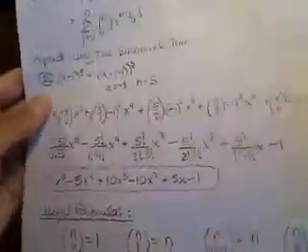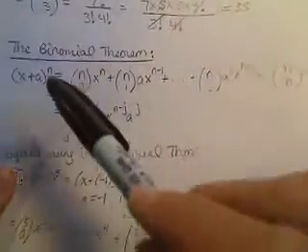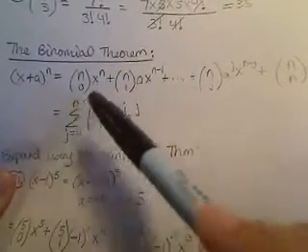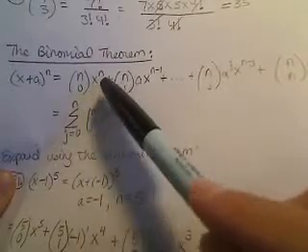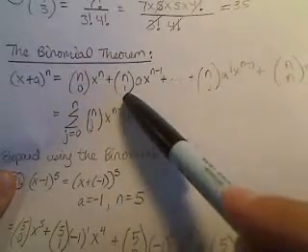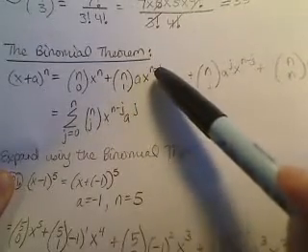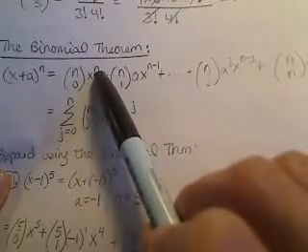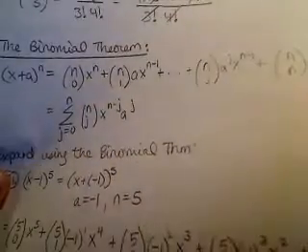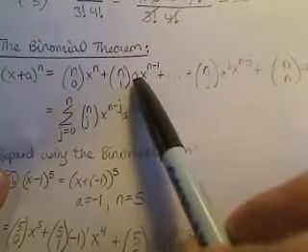Okay, so the binomial theorem says this right here. If you have (x + a)^n, it's equal to the combination of n things taken 0 at a time times x^n, plus n things taken 1 at a time times a times x^(n-1), and then so on. So basically what you're doing here is decreasing the power on x by 1 every time until you get to none of them, and increasing the power on a by 1 every time.